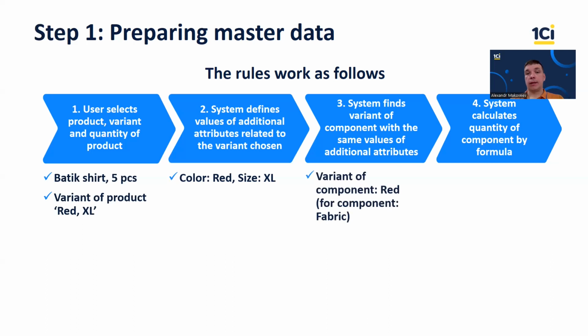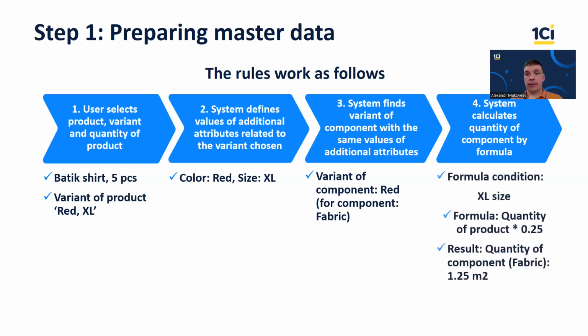We will find the fabric variant that has the red color, and also we will calculate how much fabric we need to produce one, or what quantity we will have. In this case, we have 5 pieces of batik shirt. We will just calculate how much fabric we need to produce this quantity of shirts.